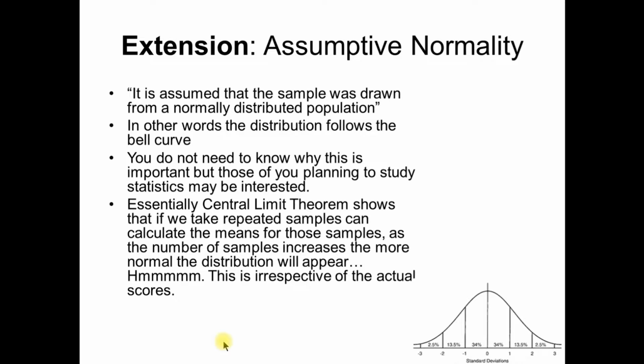So what happens when we take samples from the same population, irrespective of the scores we produce from that population? Let's say I put all of you in an experiment.